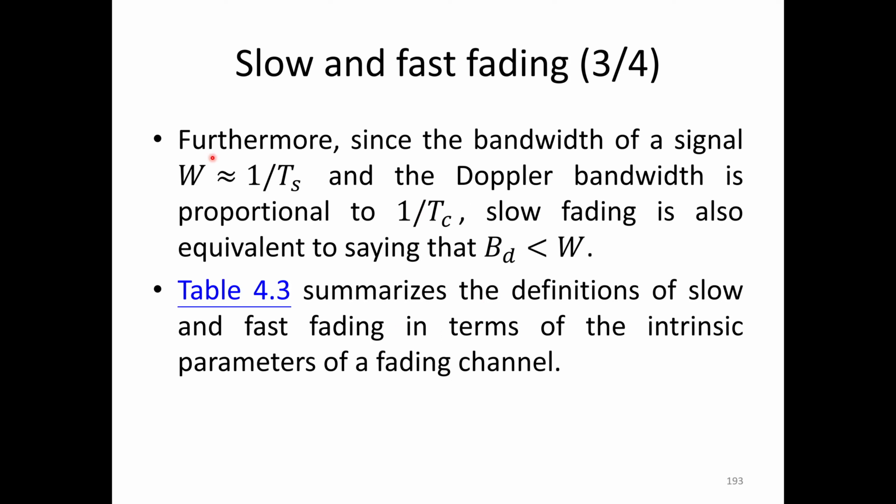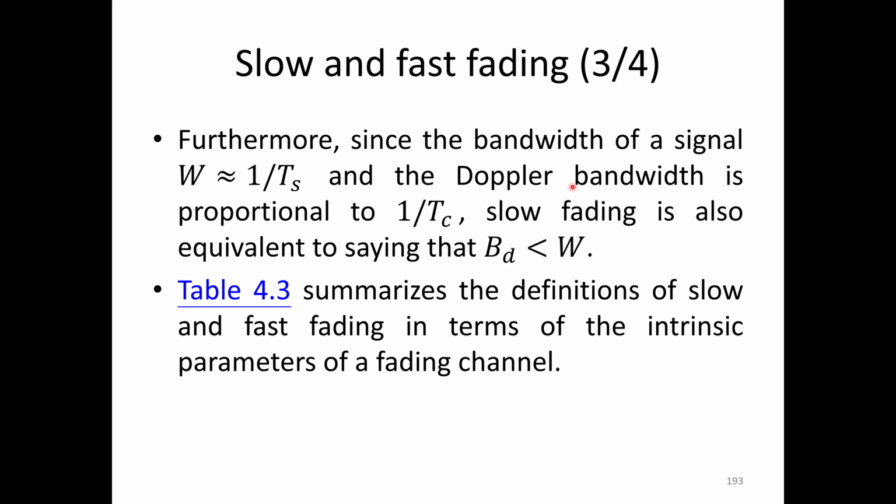Furthermore, since the bandwidth of a signal W is approximately 1 over Ts, a well-known fact in communications, and the Doppler bandwidth is proportional to 1 over Tc, slow fading is also equivalent to saying that Bd is smaller than W.